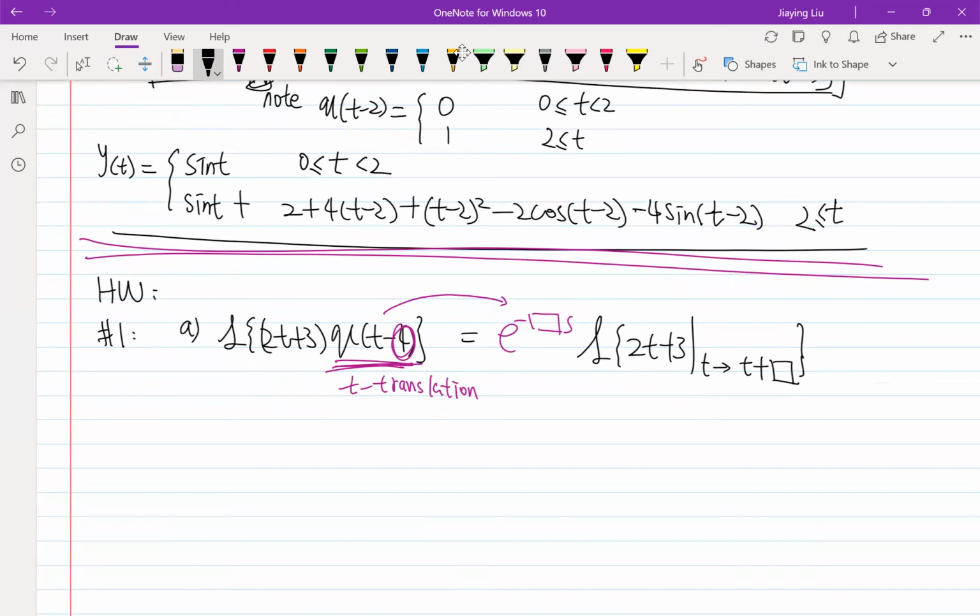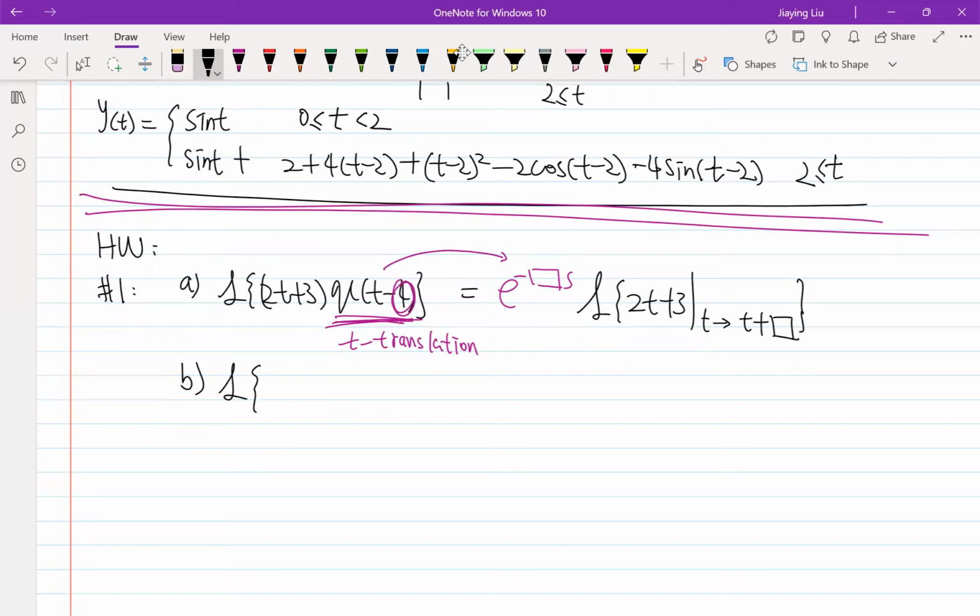So B there, which is asking you to find the Laplace transform of e to the, I remember, so that's going to be e raised to the negative 3t, I believe, times (t minus 5) squared. So I think that was the question.